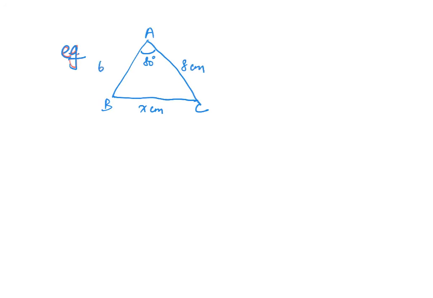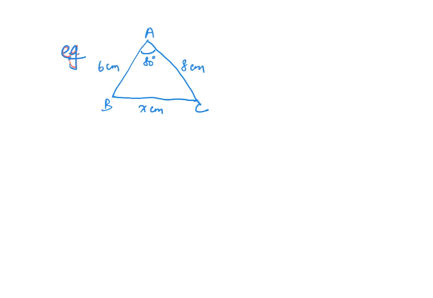For example, in triangle ABC, this angle I give it 80 degrees, and this side is x centimeters, and this is 8 centimeters, this is 6 centimeters.